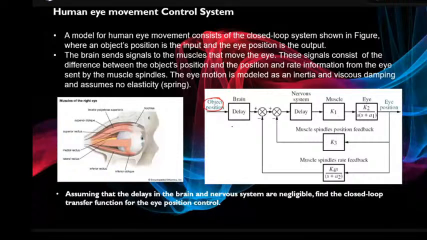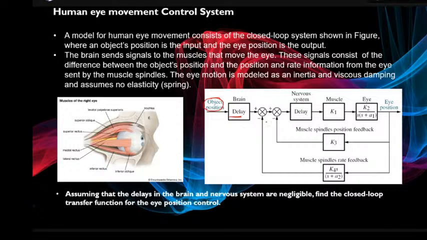These are the nerves through which it will collect the information. And there will be a certain delay. Just keep in mind, in a sensor also there will be a delay all the time. Whichever sensor you are using, maybe a very high-speed sensor, there will be a delay because that information needs to be transferred from one place to another place. So that is how it will reach the brain.